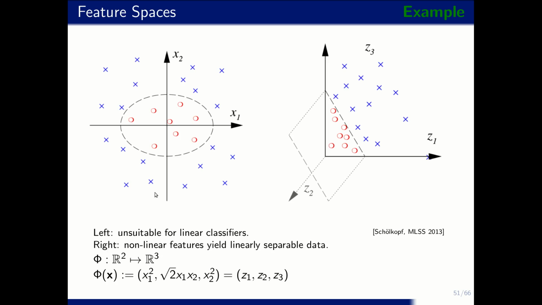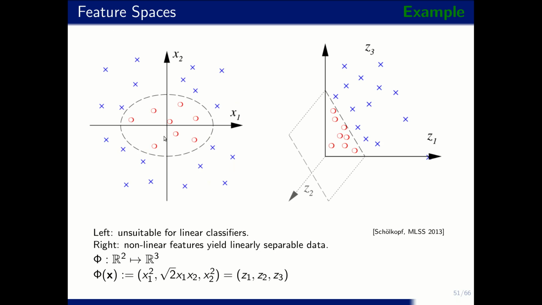To give you an example, here is a classification problem with two features, x1, x2, and we see that this problem is far from linearly separable. The negative class is close to the origin and the positive class is around here, and no matter how we put the linear classifier, we won't do a good job.